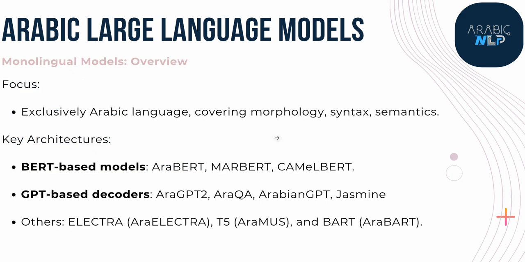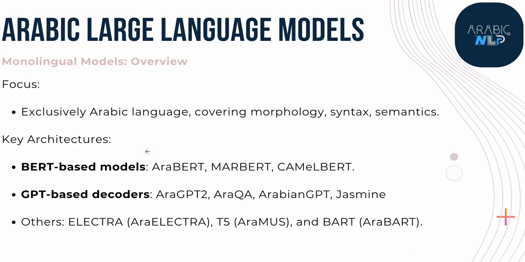Okay. So, starting from monolingual models, which are trained exclusively on Arabic text, enabling them to grasp the language's morphology, syntax, semantics, and other things. So, these models are good at handling the unique features of Arabic. For instance, we have the BERT-based models like AraBERT, the most popular one, and of course MARBERT.